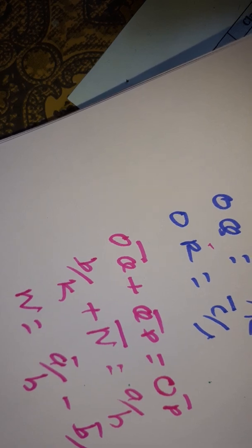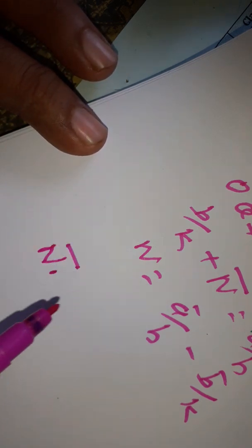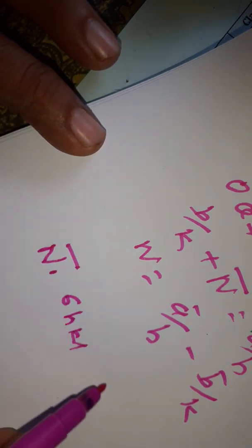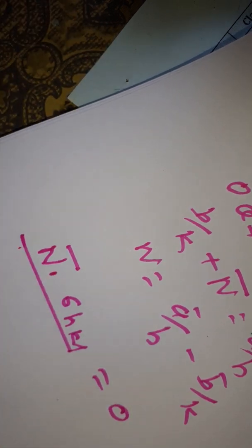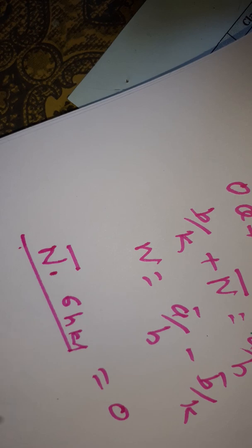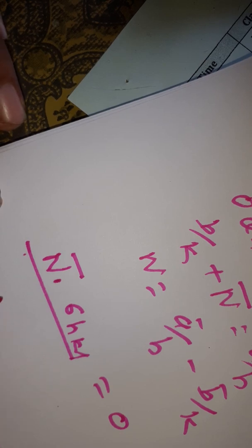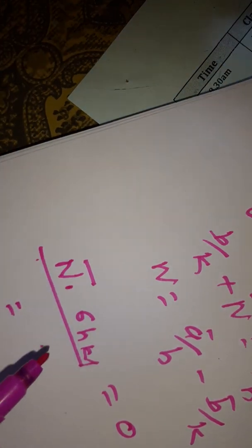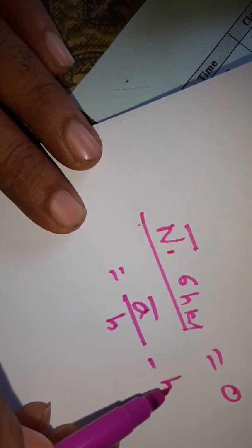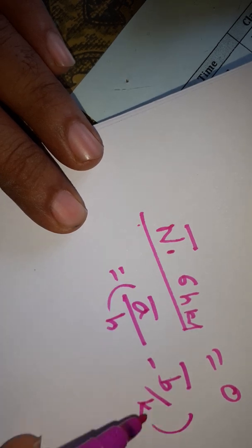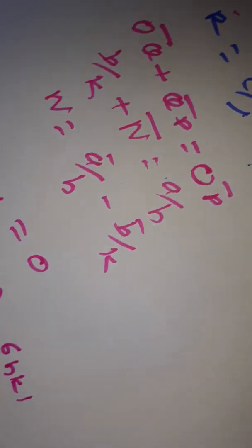So the scalar product of n bar dot sigma HKL must be equal to 0 if sigma HKL is normal to the plane. Can we prove it? n bar is equal to A bar divided by H minus B bar divided by K, into sigma HKL.